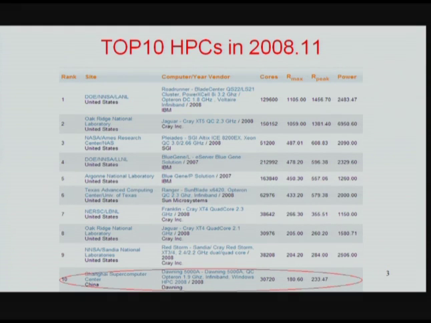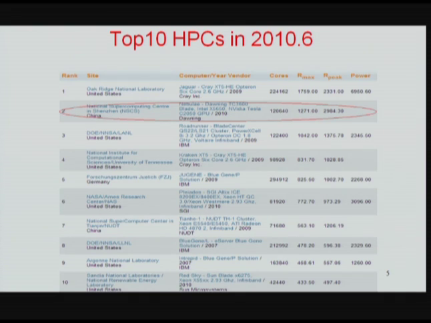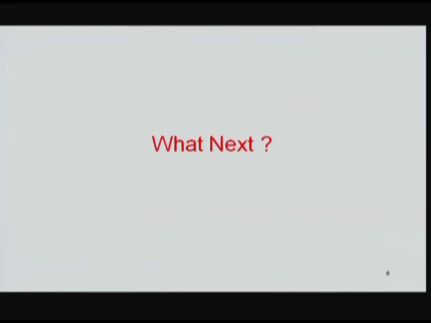This started from HPCs. This is the top 10 HPC in 2008. Here, China is number 10 at that time. Then in November 2009, we are number 5. In June 2010, we are number 2.